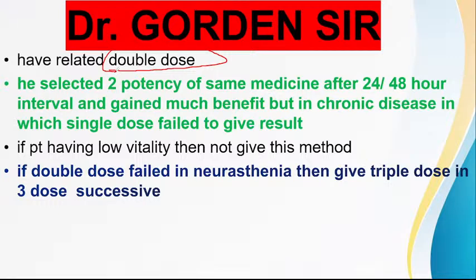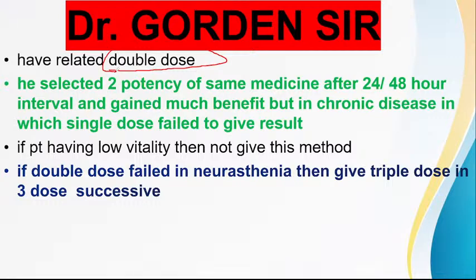If he has selected that Natrum sulf is the basic constitution, the basic simillimum of that patient, then he used to give Natrum sulf 200 single potency at that point, and after 24 hours or after 48 hours, he gave Natrum sulf 1M potency, the next potency, in 1 or 2 days.